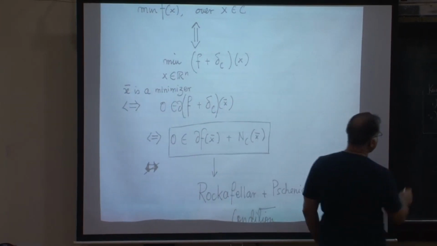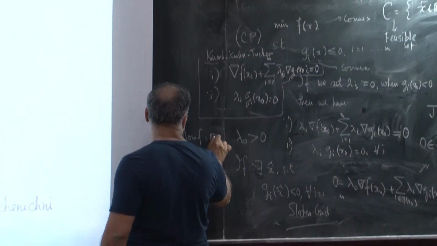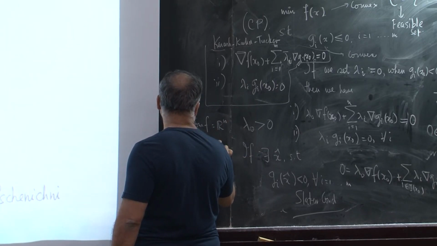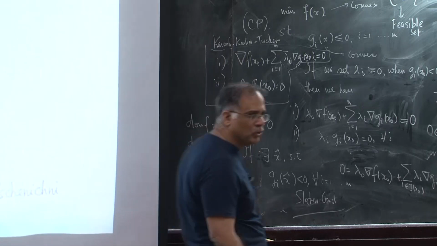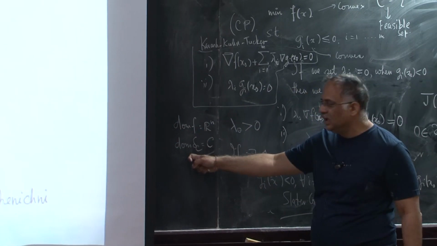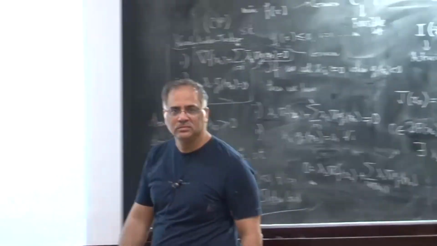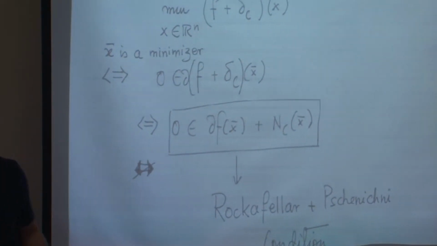So, in this case, the domain of f is Rn and the domain of delta C is C. So, when can I apply the sum rule? If the relative interior of dom f intersection the relative interior of dom delta C is not equal to empty set, right? Only then can I apply the sum rule.